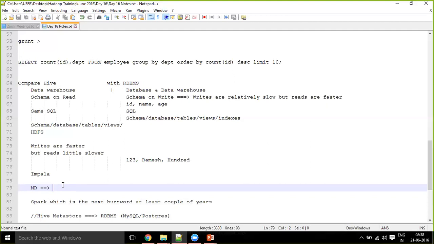So for you, Swaroop, concentrate on Hive, Impala, and HBase, and MapReduce at the bare minimum. Use MapReduce only in exceptional cases, which you can't achieve through Hive or Impala or HBase.